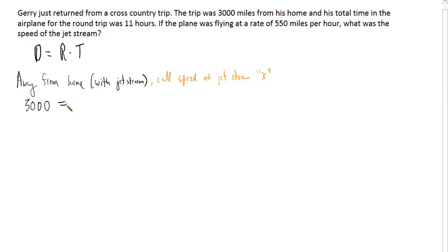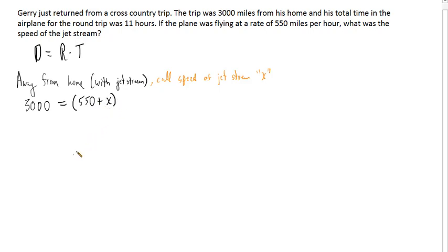So then, the distance going away from home was 3,000, and the rate, well, the plane could fly at 550 miles per hour on its own, but we also had the jet stream helping. So therefore the rate was 550 plus x.